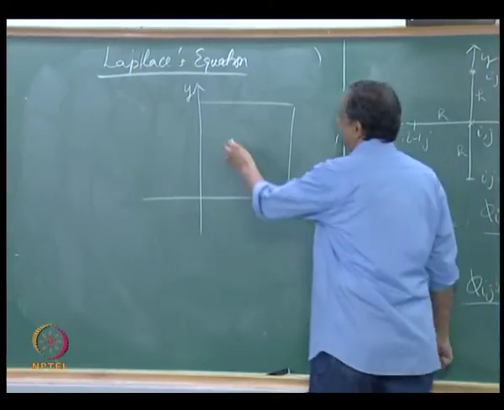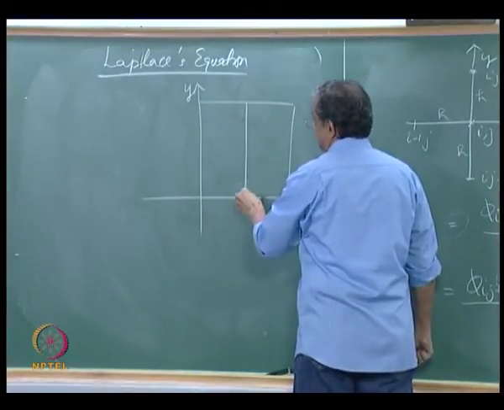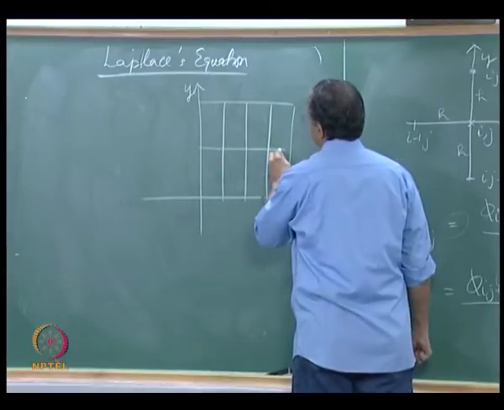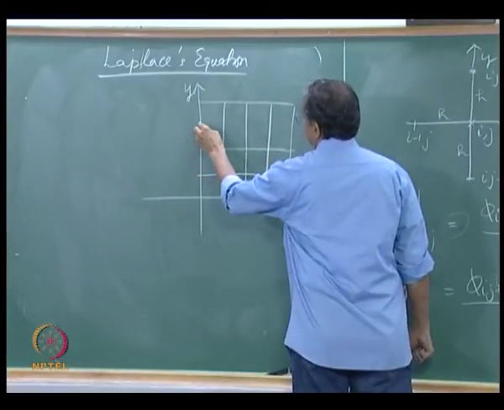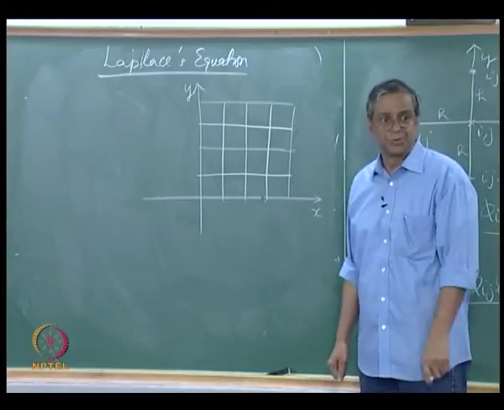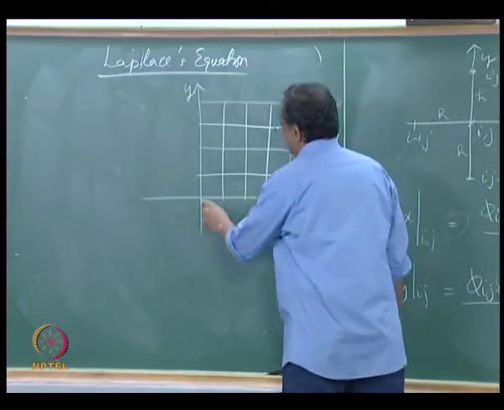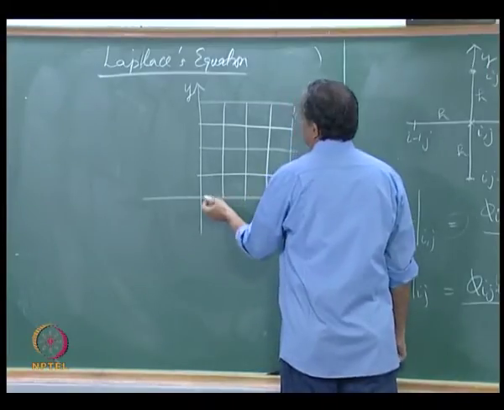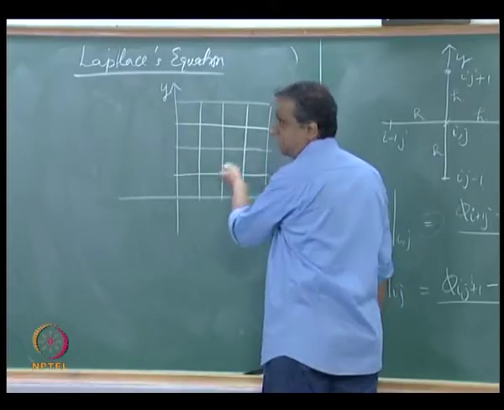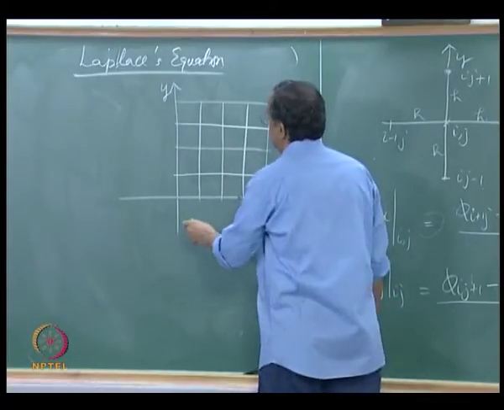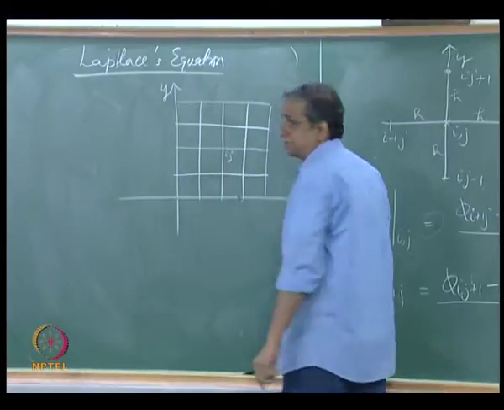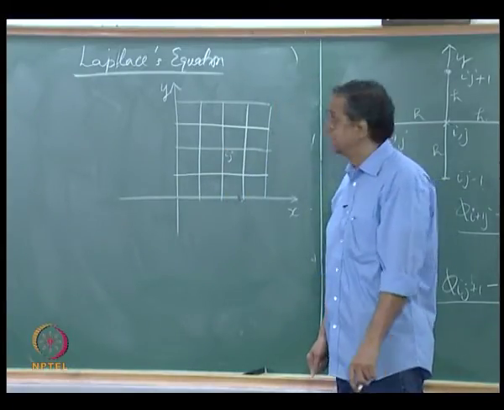So what we do, again to keep life easy, is break up our problem domain using a mesh, and you will notice that in this case there are 1, 2, 3, 4, 5, the 3 interior points. So that would be some point ij that I was talking about, okay.